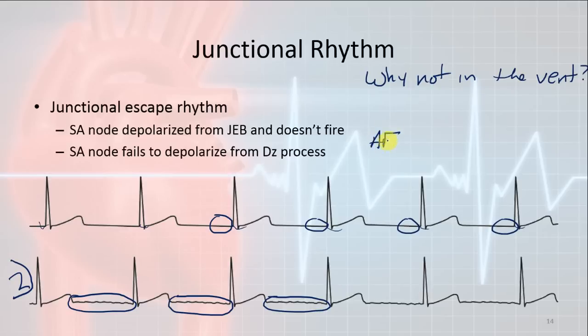Atrial fib, the regularity is irregular. If you were to look at this junctional rhythm here, would you say that this rhythm is regular or irregular? In this case, it's regular. So it's very important to follow your 6-step interpretational process. Do not use an erratic baseline as your definitive diagnosis to find atrial fib, because you could have a junctional rhythm with an erratic baseline and people misdiagnose it all the time.